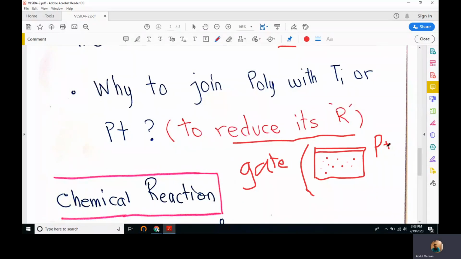So adding platinum or titanium as a thin layer on top of a polycrystal silicon based gate increases its conductance or decreases resistance.